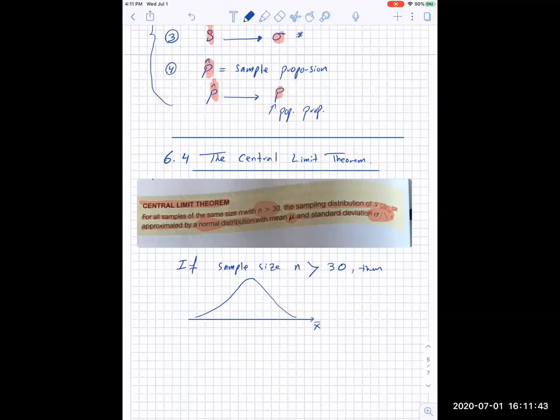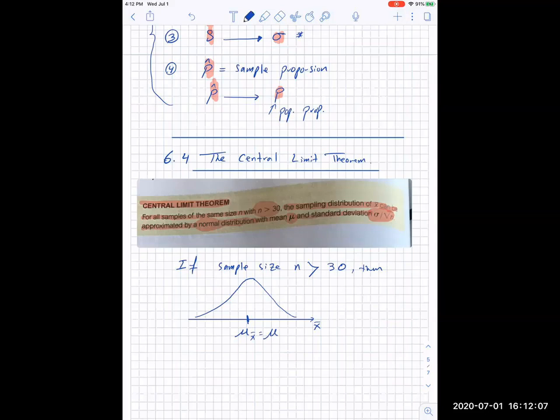The center of the distribution, or the mean of the sample means, is the population mean.